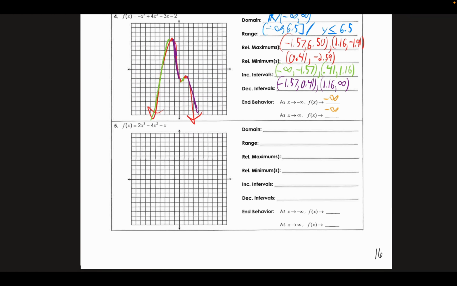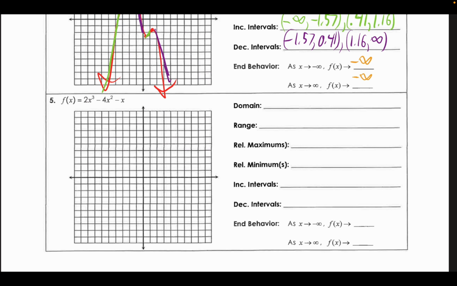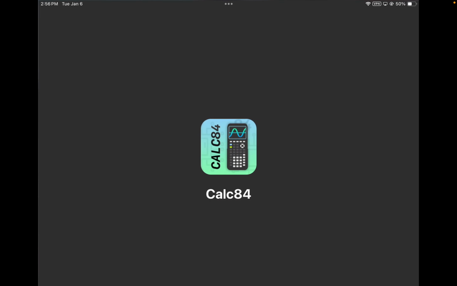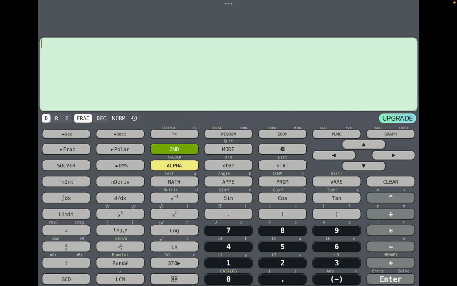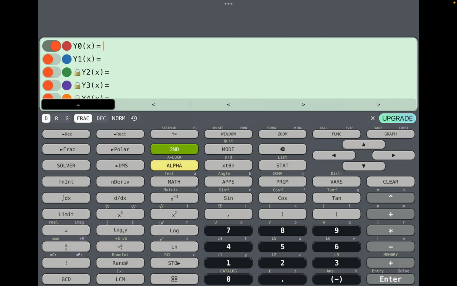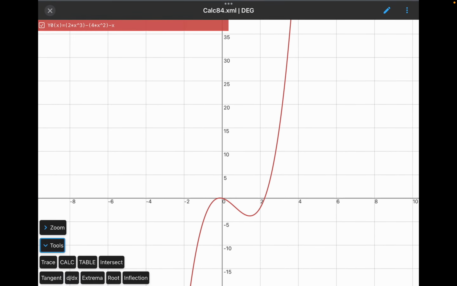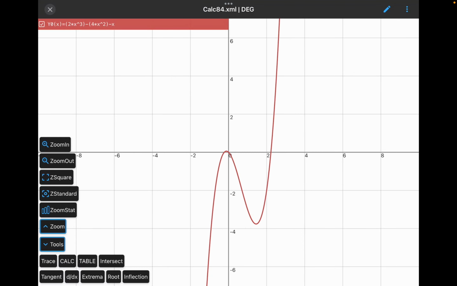On number 5, I'm going to go ahead and graph this. And as I graph, I'll once again go to Zoom Standard just to get a better look at it.